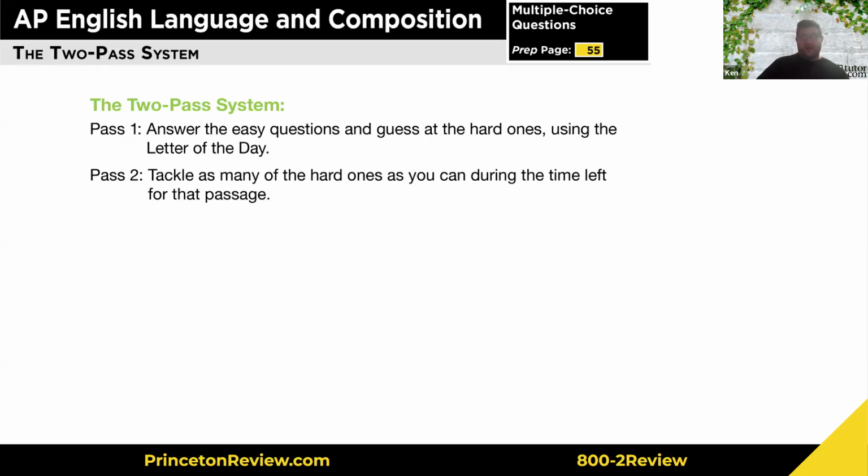For each passage, you should answer the easy questions and put in a random guess for the hard ones. And then, if you have time left in that passage, you should go back and do as many of the hard ones as you can.